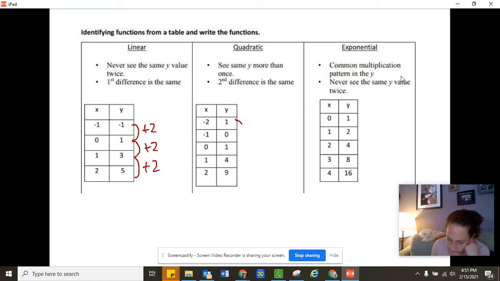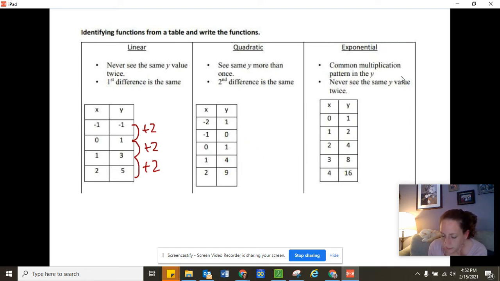So you generally do see the same thing more than once. And then it changes by different amounts. So this one went up by 1, and then it went up by 3, and then it went up by 5, and it would continue in that pattern. Like the next one would go up by 7. Anyway, sorry, I don't know why I erased that.